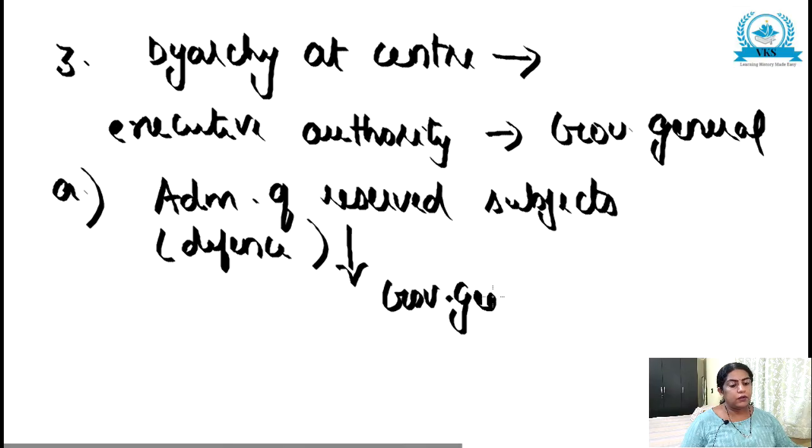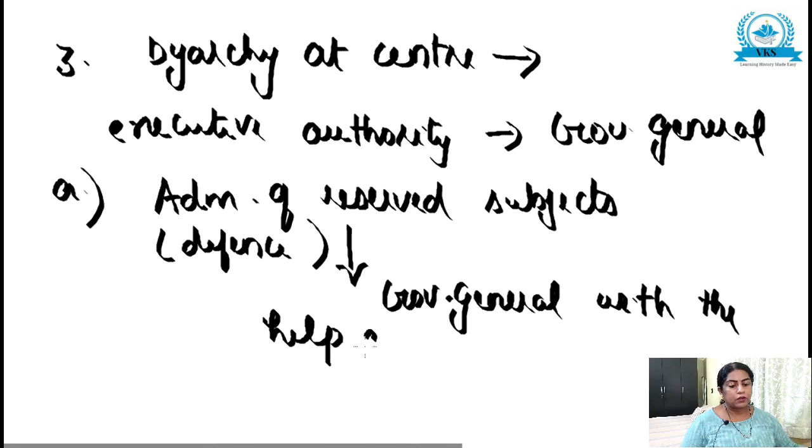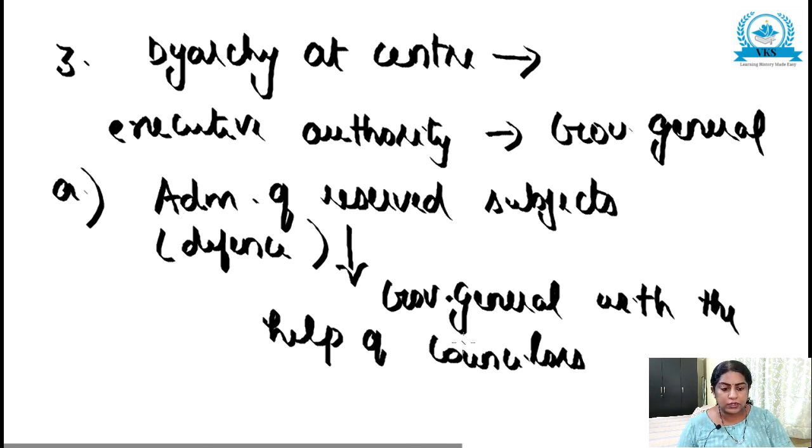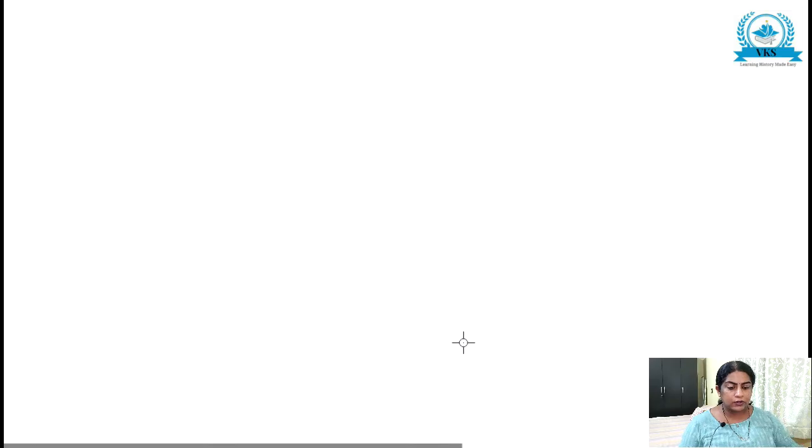councillors who were not responsible to the legislature. So that was the first thing included in the executive authority of the Governor General, that is administration of reserved subjects.